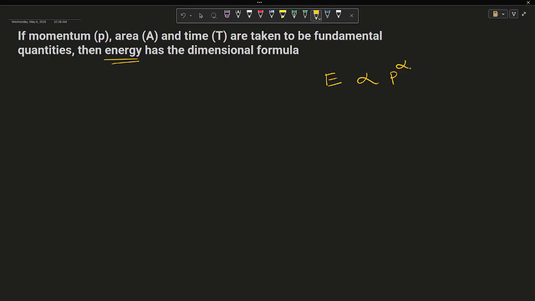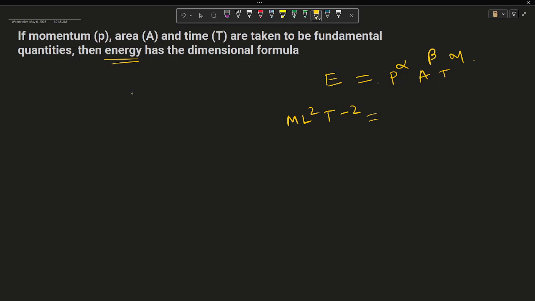We don't know the dimension, so we can take it alpha. Area to the power beta and time to the power gamma. Now we have taken the constant as 1, so it can be replaced by an equal sign. Energy has the dimension of ml square t to the power minus 2.